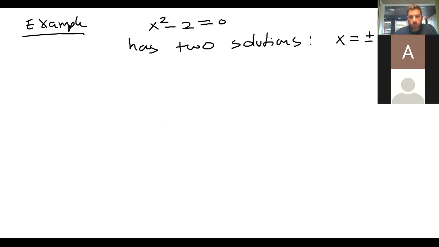So here's how we can do it. If we wanted to use Newton's method, we can set f of x equal to x squared minus 2. And of course, that means f prime of x is 2x.